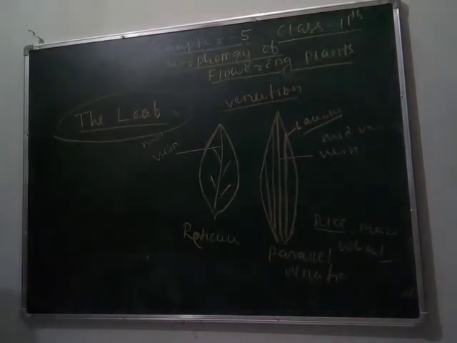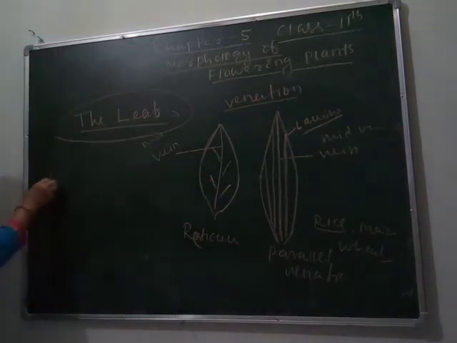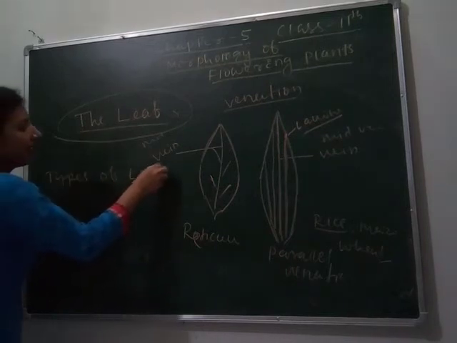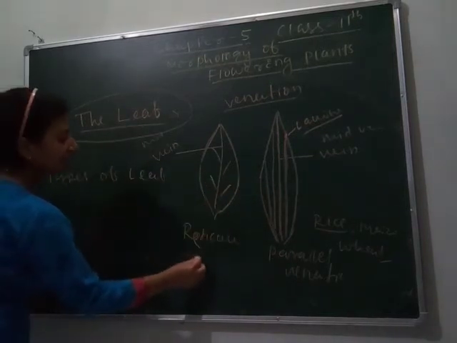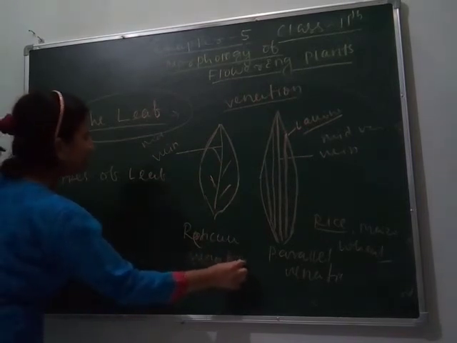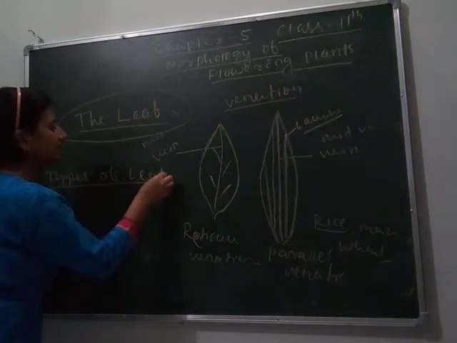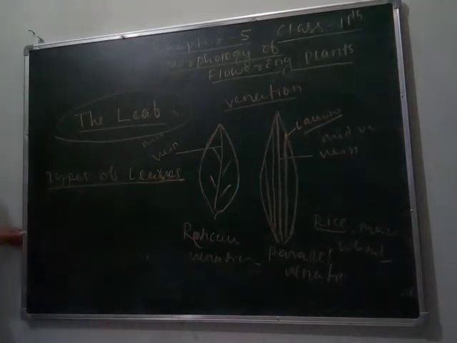So next is the types of leaves. I think you understand the difference between parallel and reticulate venation. Okay students. In how many types of leaves do you know?